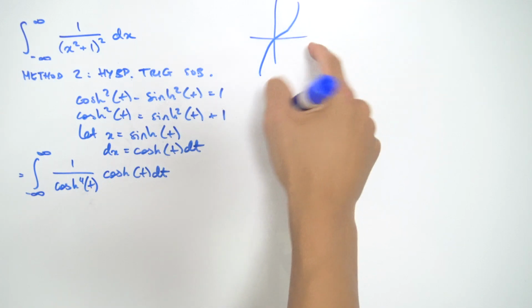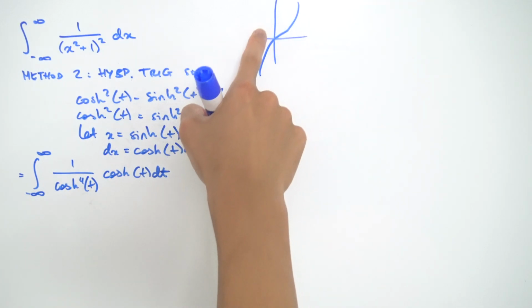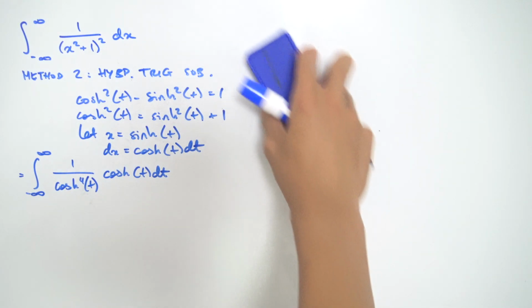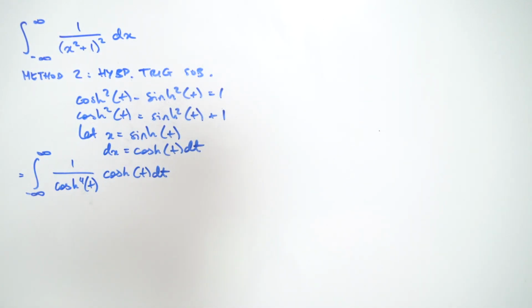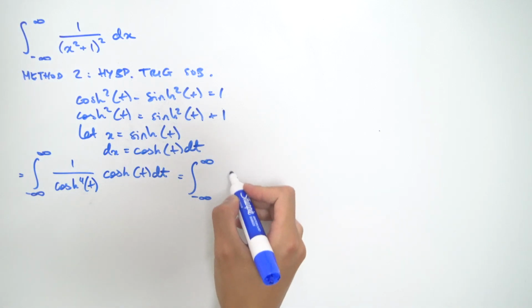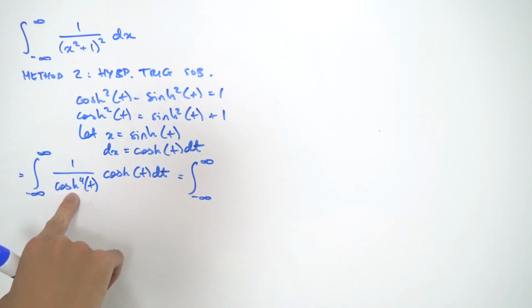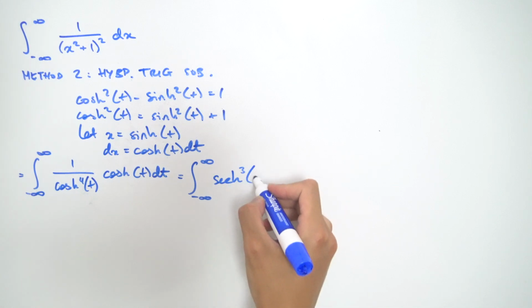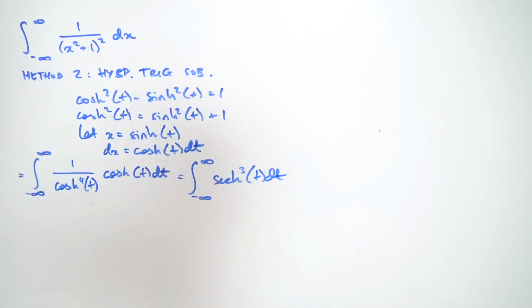As we approach infinity on the x-axis, we approach infinity on the y-axis, and other way around as well for minus infinity. So this is now going to give us the integral from minus infinity to infinity of 1 over cosh cubed, because we can make some cancellations, but that's just exactly sech cubed of t integrated with respect to t.